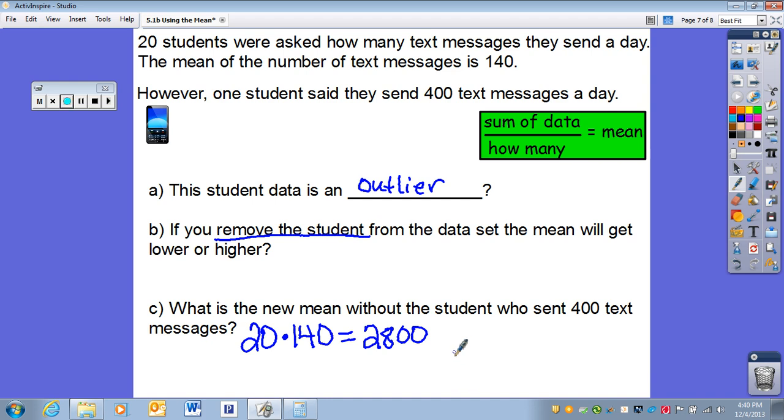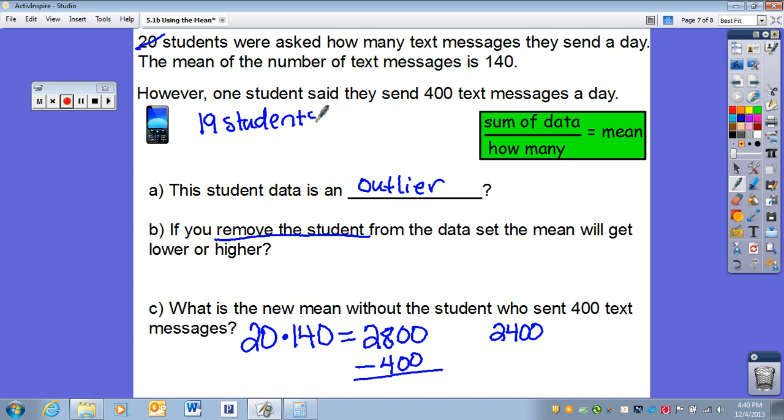Well, let's take out that 400 text messages from the one student. And that leaves us with a total of 2,400 text messages. And now, instead of 20 students, we are going to worry about 19 students after we took that student out of the mix.